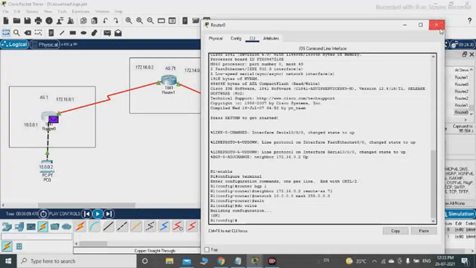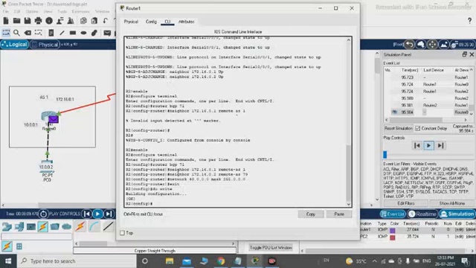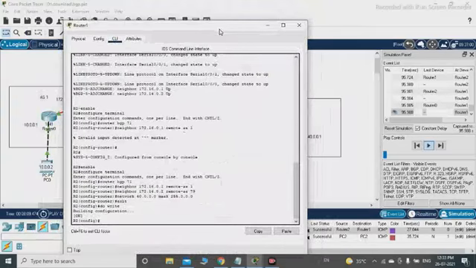Likewise for AS 71, we marked router BGP 71 with the neighbor 172.16.0.1 for the remote AS 1 machine, and for the next machine, AS 79, on this side. Then the network establishment has been made.